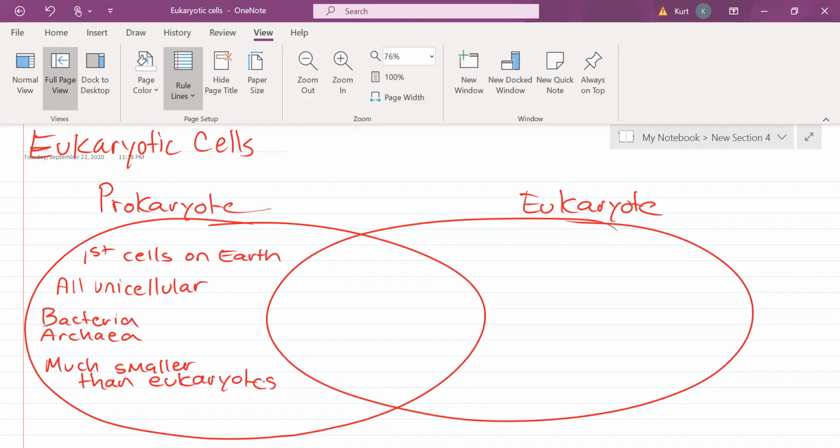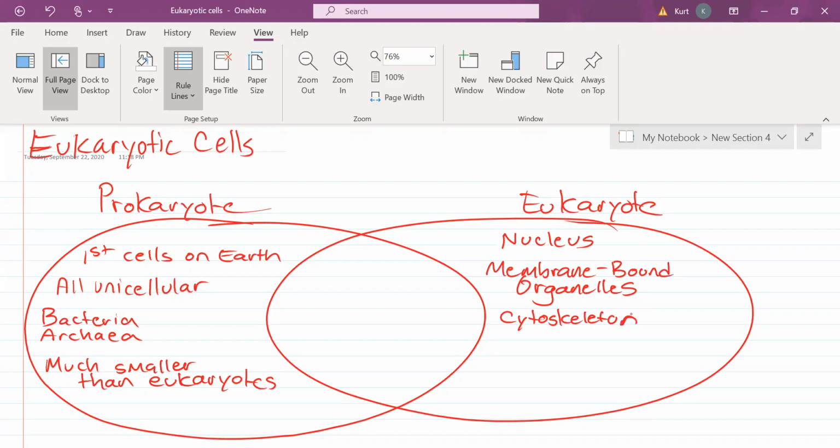Now, as far as eukaryotic cells are concerned, they have a nucleus. They have membrane-bound organelles. They have a cytoskeleton.